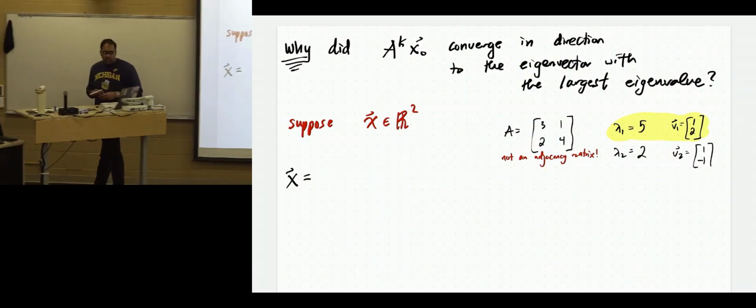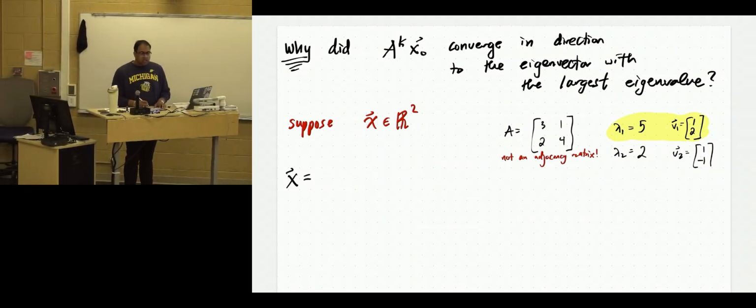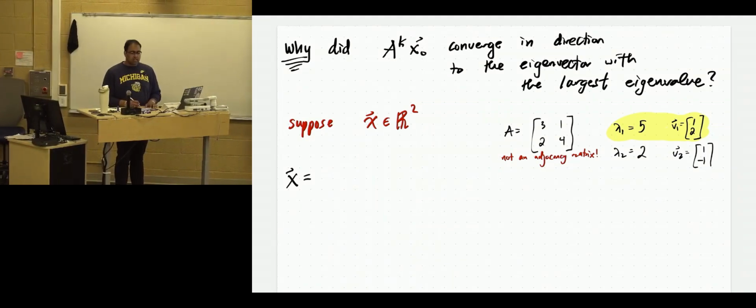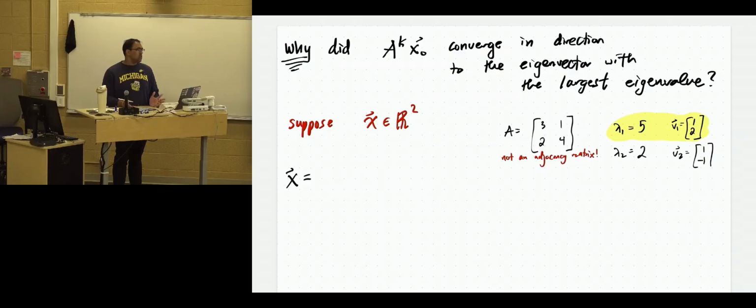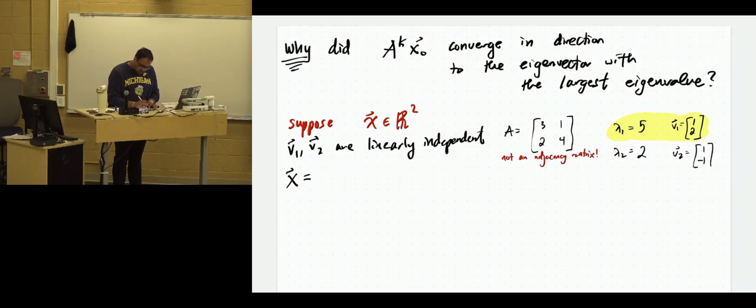Yeah. Because V1 and V2 are both in R2 but linearly independent. Yeah, exactly. V1 and V2 are two linearly independent vectors in R2, so I don't need to know what's in X. I know I can make it with V1 and V2. So V1 and V2 are linearly independent and span all of R2.